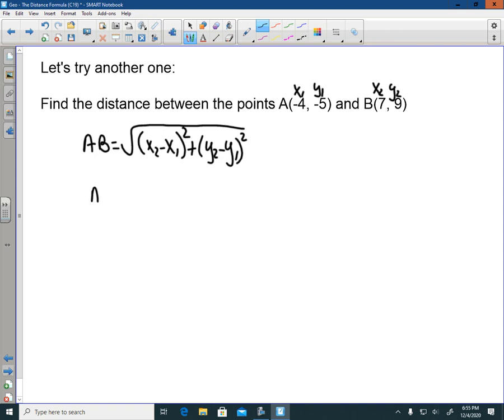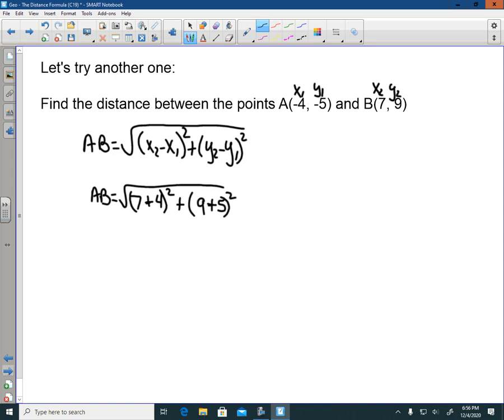So the distance between A and B is going to be equal to the square root of x2, which is 7, minus x1, which is -4, so plus 4, and those are going to be squared, plus y2, which is 9, minus y1, which is -5, and we square it.